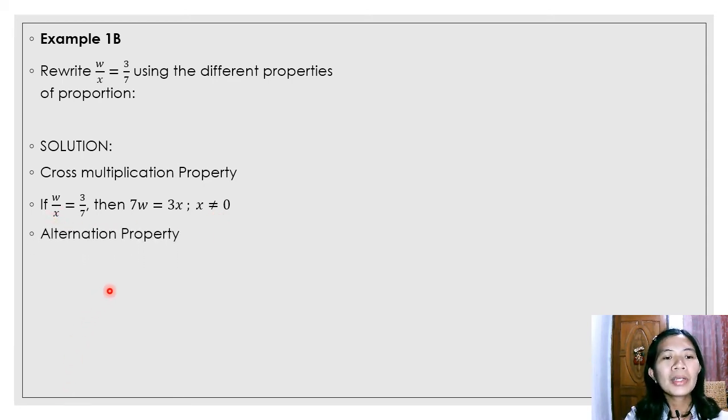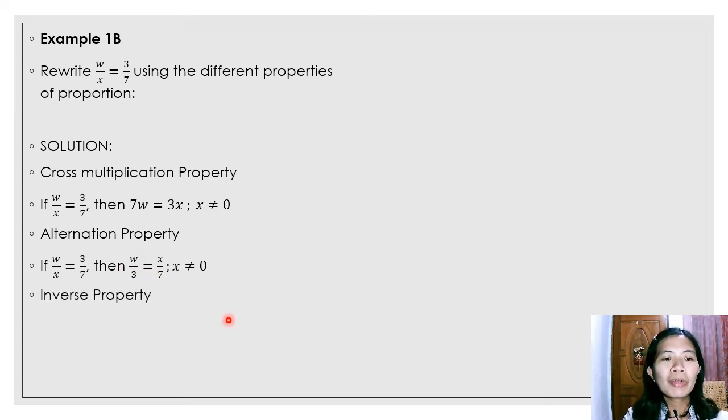Next, alternation property. If W over X equals 3 over 7, it becomes W over 3 equal to X over 7. The X and 3 alternate. That is alternation.